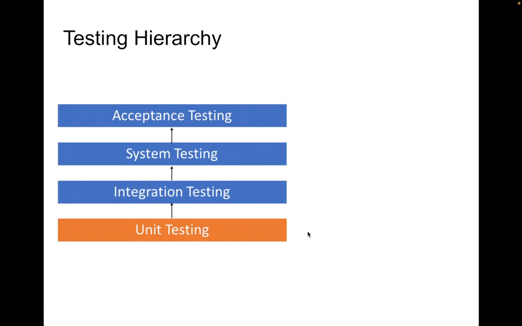To understand unit testing, we can look at the testing hierarchy. Unit testing is the most basic, from the point of view of scale, it's the testing that concerns itself with single units, the smallest units within your program. Then there is integration testing that checks whether separate units can work with each other. Then there is system testing, where we check that the system can work as a whole.